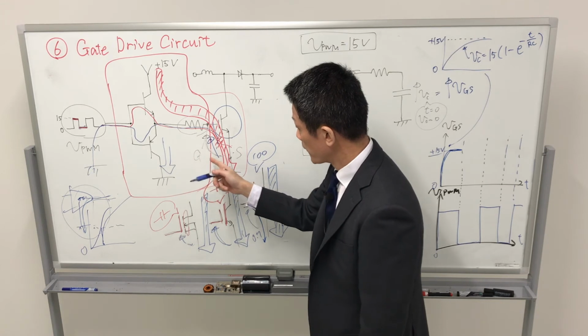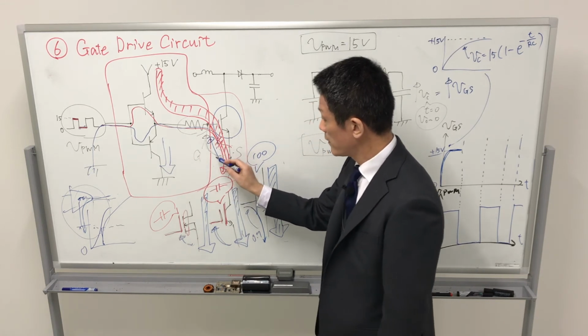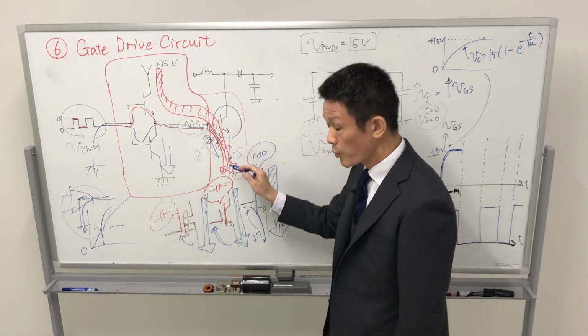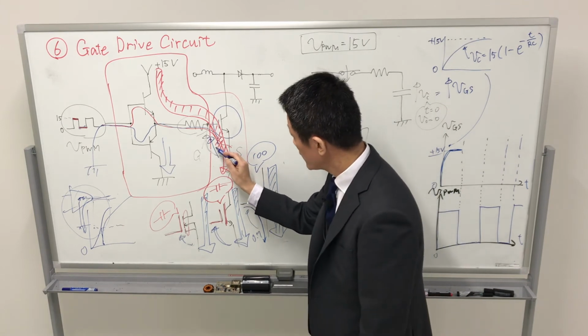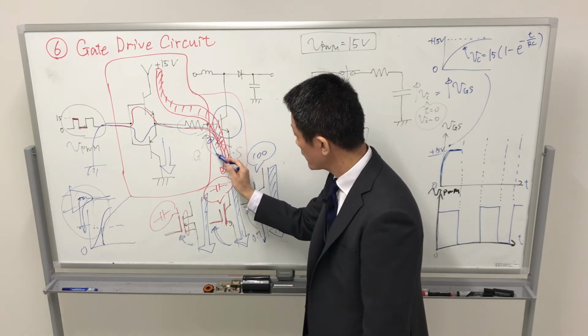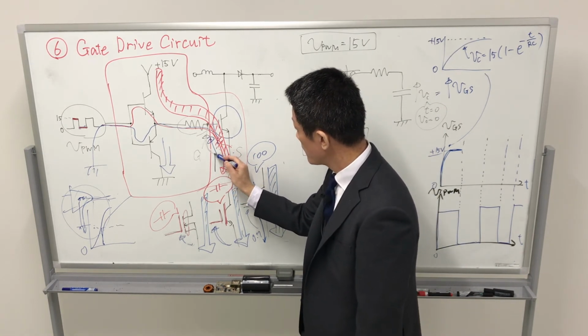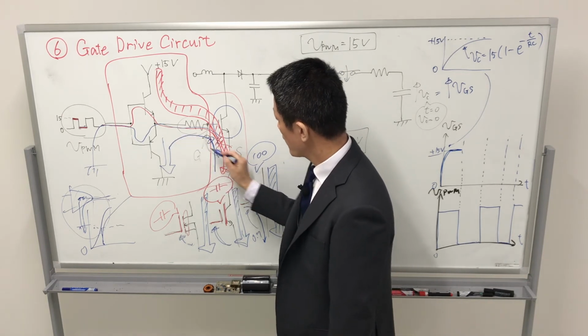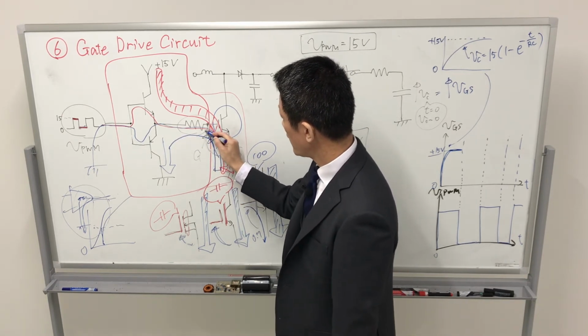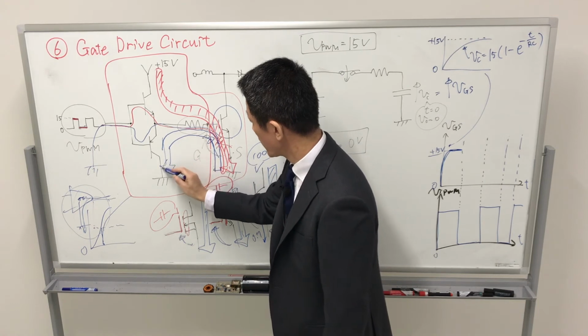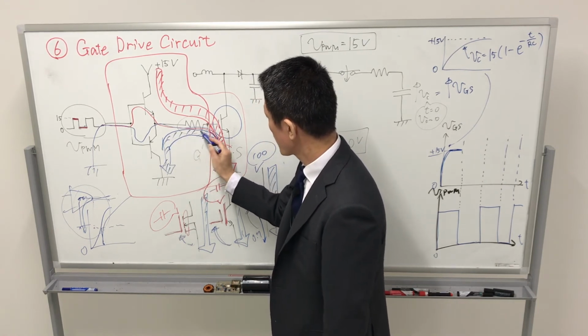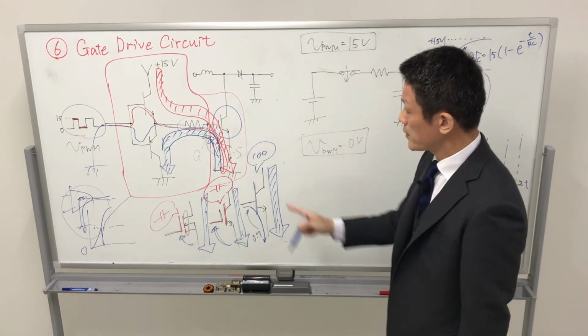This current flows through the charged capacitor of the gate source voltage. Okay, this charged voltage changes to the current flowing like this. Okay, this is the turn off.